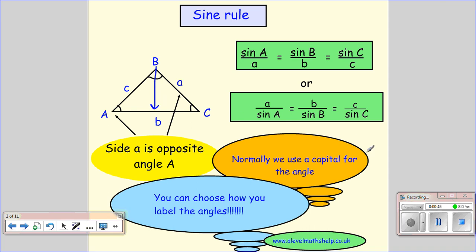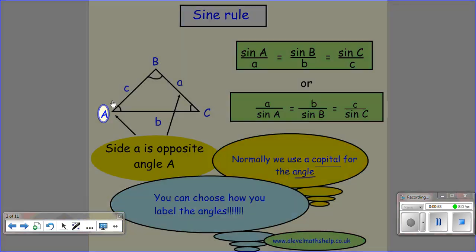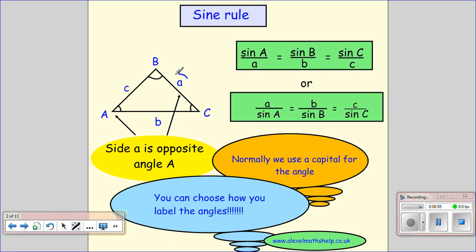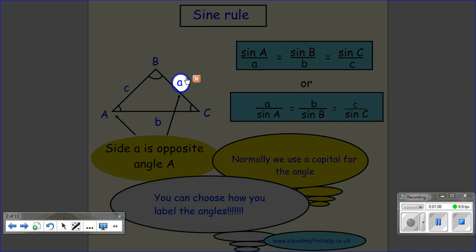Now we use capital letters for the angles and lowercase letters for the sides. So opposite angle capital A, we have side little a, and that's a crucial thing. Once you can label your triangle, you should just be able to substitute your things into the formula and it should all be nice and easy.